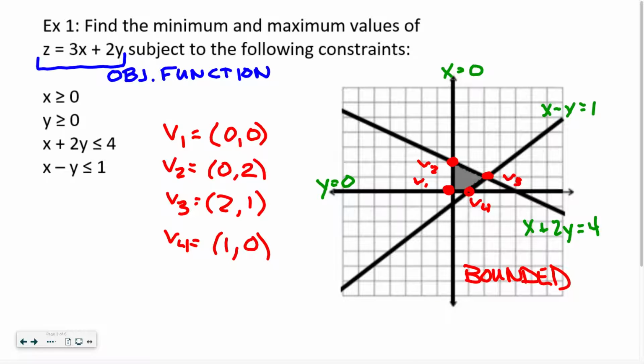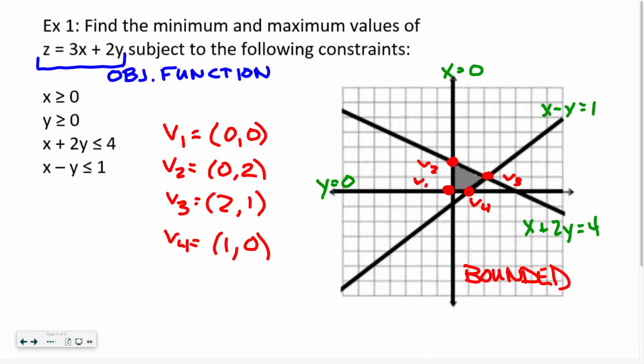Okay, so you have to find all the vertices. We kind of got to jump ahead because we had done all that work. After you find the vertices, what do you do? Test them in the objective function. So what that means is, up here is my objective function.